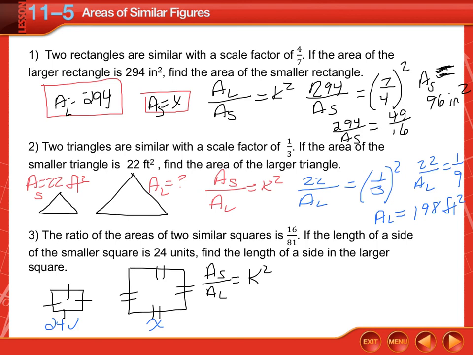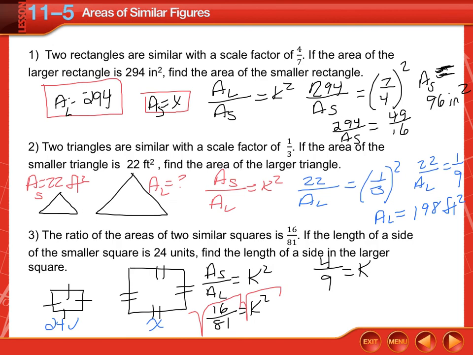And we're told that the ratio of these areas equals 16 to 81. So we can just replace this with 16 over 81 equals k squared. Now if I want to solve here for k, I'm going to take the square root of both sides, and we get 4 over 9 equals k.